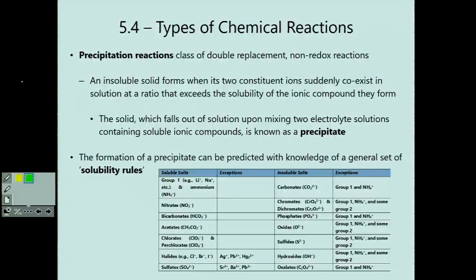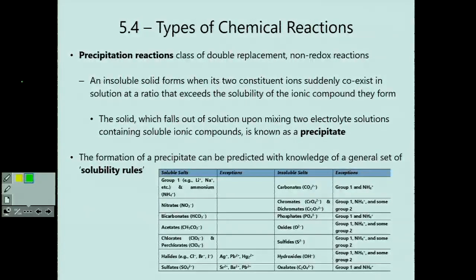As the name implies, these are reactions in which an insoluble solid suddenly appears and precipitates, crashes out of a solution when 2 solutions are mixed. Now it turns out they are double replacement and therefore non-redox transformations.